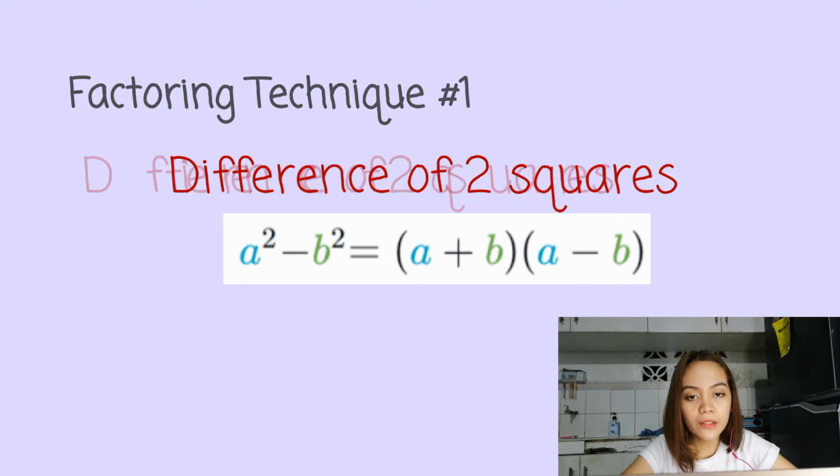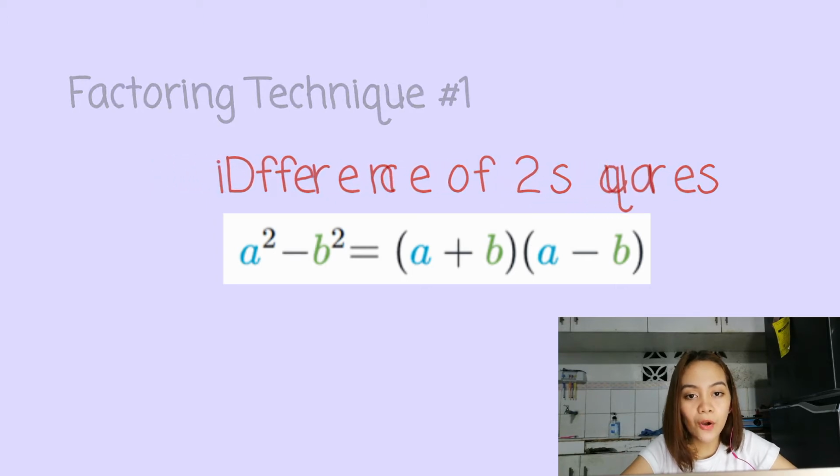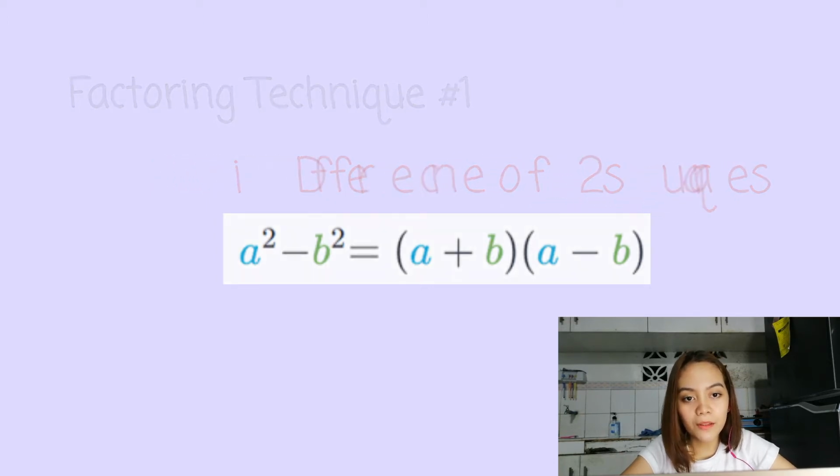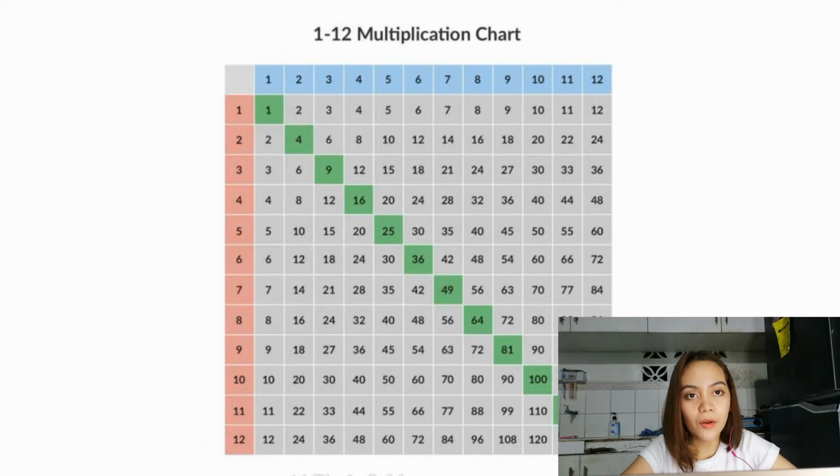Now, to be able to understand factoring better, you really need to invest some time on how to master the timetable or the multiplication table, because if you can visualize the multiplication table rather easily, then factoring will not be that frustrating.